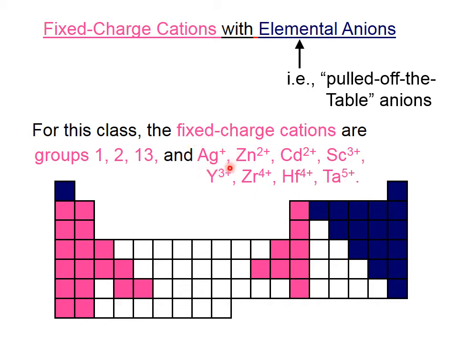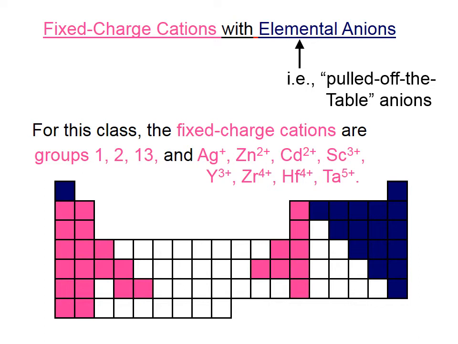Anytime silver loses an electron, it always loses just 1. Zinc, on the other hand, is right here. Whenever it loses electrons, 2. Every time. Cadmium, right below that, loses 2 every single time. Those 3 exceptions, at a minimum, you have to memorize. Silver is always 1 plus. Zinc and cadmium always 2 plus.